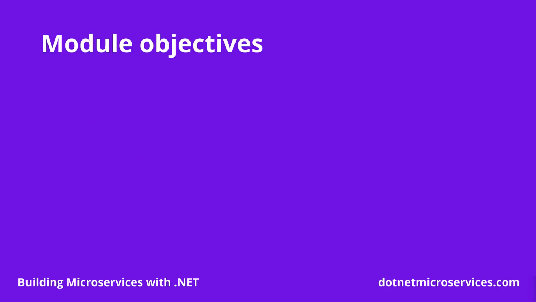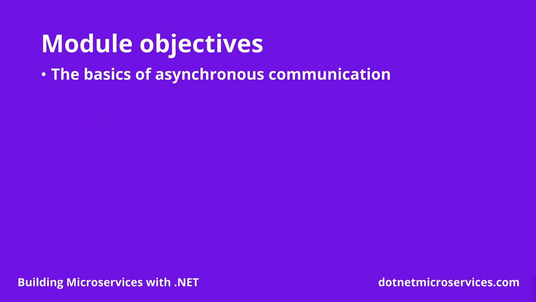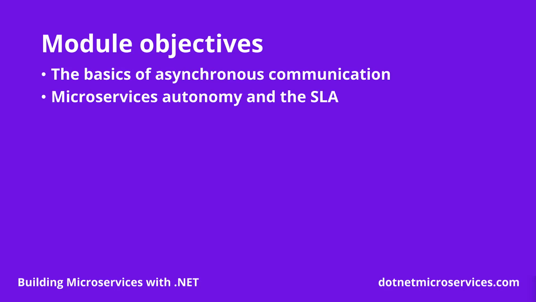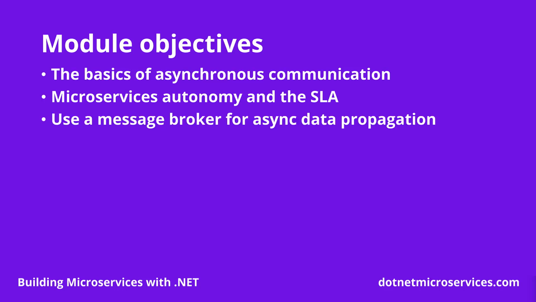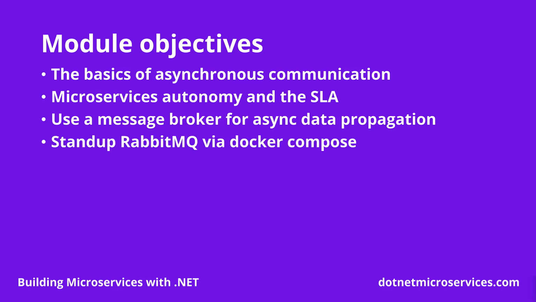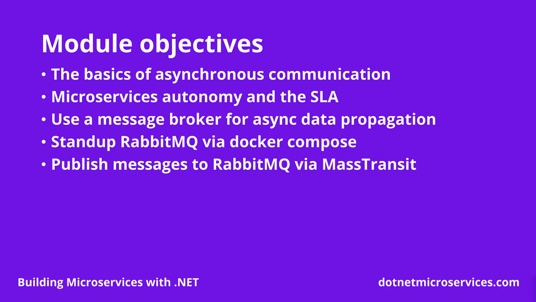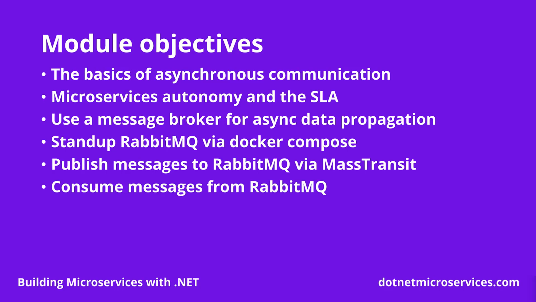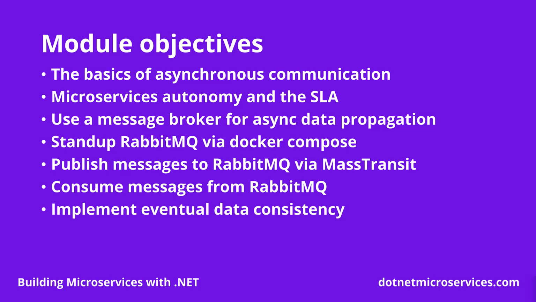By the end of this module, you will have a solid understanding of the following: the basics of and when to use asynchronous communication between microservices, how to enable microservices autonomy and the impact to the SLA, how to use a message broker for asynchronous data propagation, how to stand up a RabbitMQ message broker via Docker Compose, how to publish messages to RabbitMQ via the MassTransit framework, how to consume messages from RabbitMQ using MassTransit, and how to implement eventual consistency of data propagated across microservices.